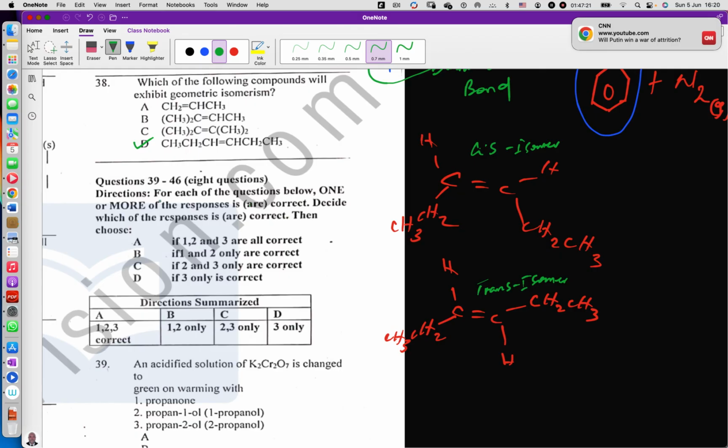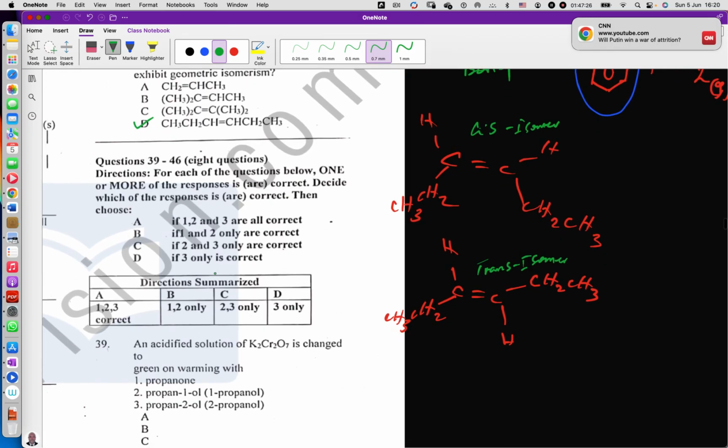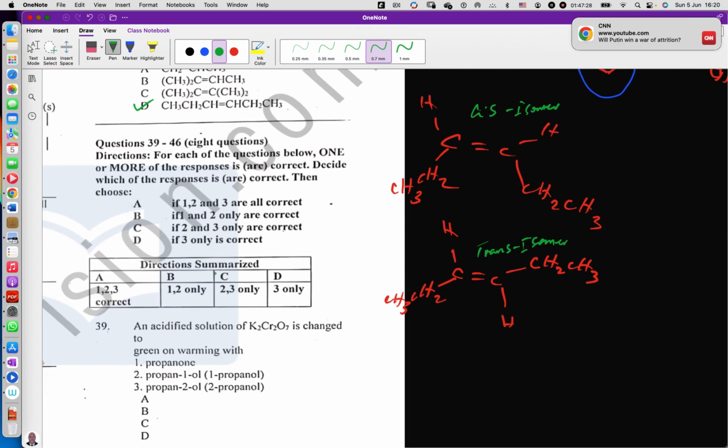And 39, the last question. An acidified solution of potassium manganate(VII) is changed to green on warming with propanone. On warming with propanone, it cannot work, because it will only change to green when there is oxidation, when there is a reaction.